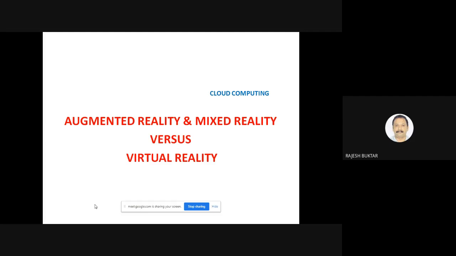And thanks to the newly emerging Android versions, which offer the facility of developing different applications available in your smart mobile phone. That is the reason how augmented reality came into the picture.